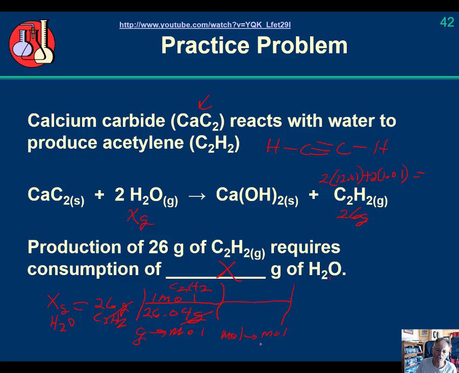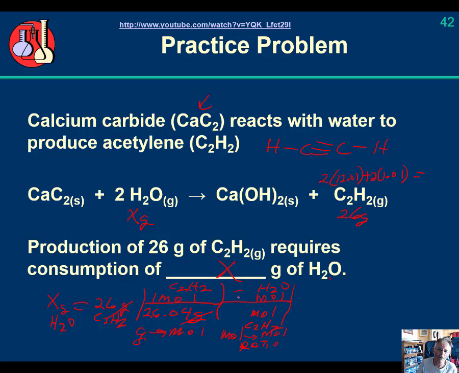Next, this is the mole to mole ratio. Okay? And let's take a look at that. We've got moles of C2H2 in the denominator and moles of H2O in the numerator. Let's go up and find our coefficients.